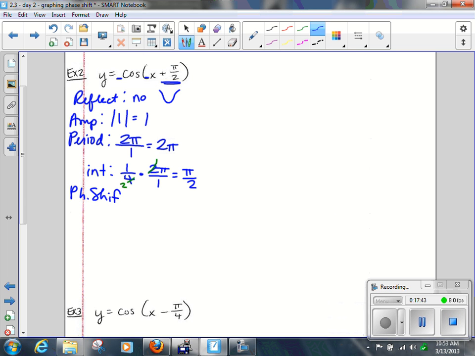Please don't misspell this. Phase shift. Which way is this curve going to move? To the left. How many units? Pi over 2 units. And then vertical shift. Don't misspell that, because it's so easy to misspell vertical.